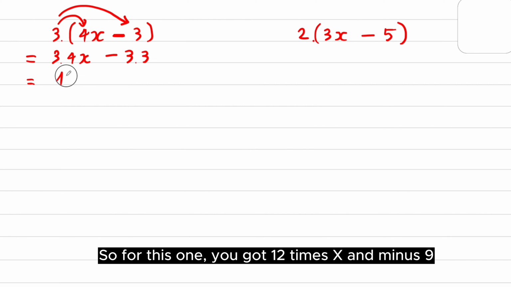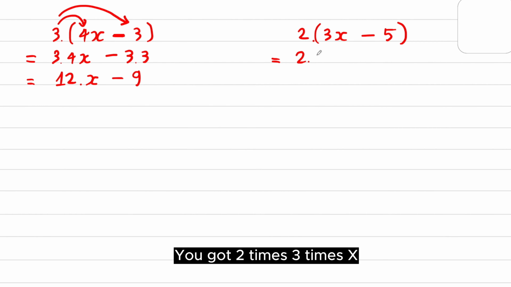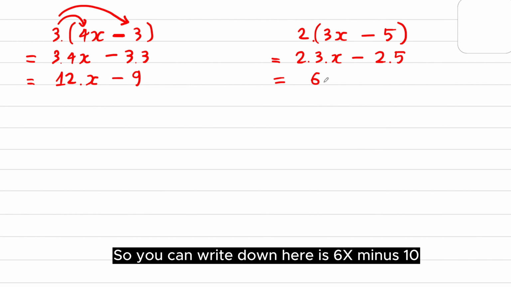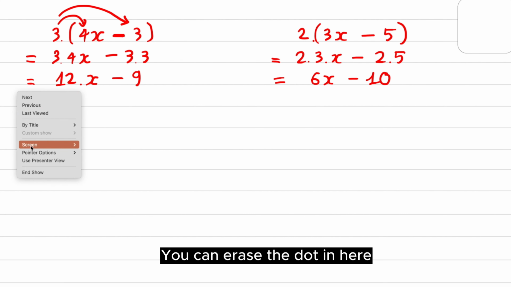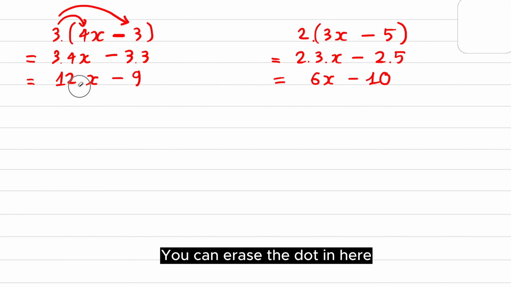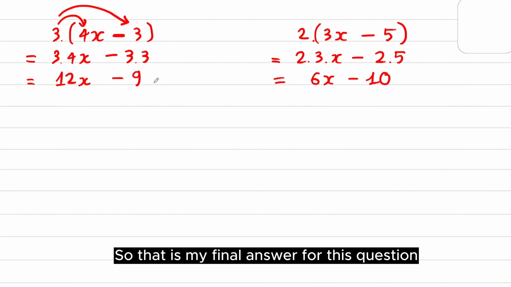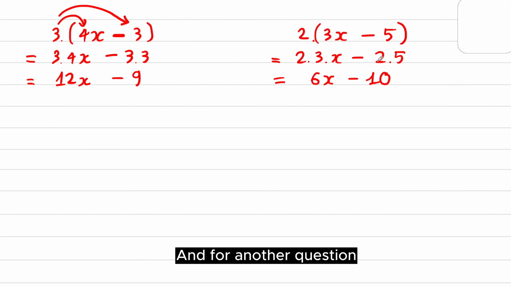For this one, you get 12 times x and minus 9. And another one, you get 2 times 3 times x and minus 2 times 5. So you can write down 6x minus 10. Another way to write this, you can erase the dot here and write 12x minus 9. So that is my final answer for this question.